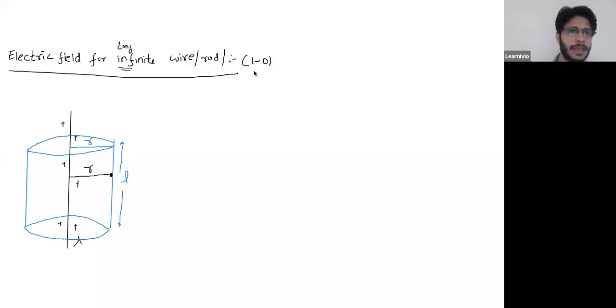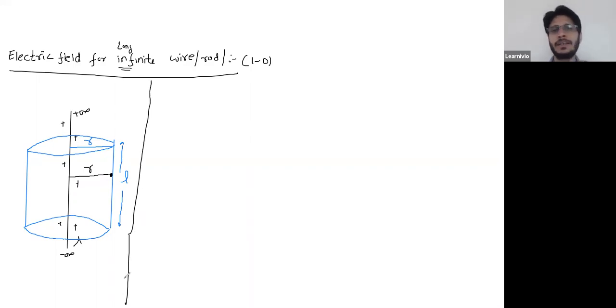The wire extends from minus infinity to plus infinity. It's a long wire. Practically, long wire means L is very, very greater than r.